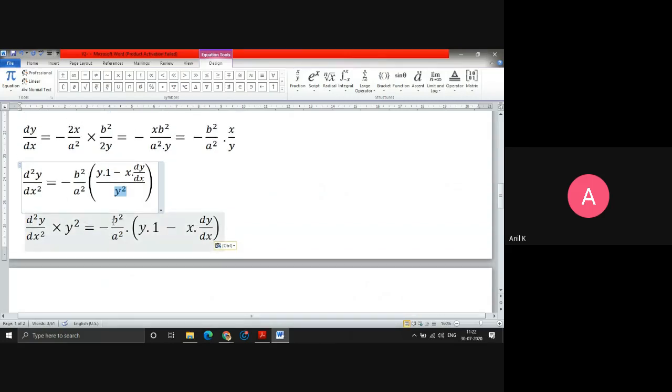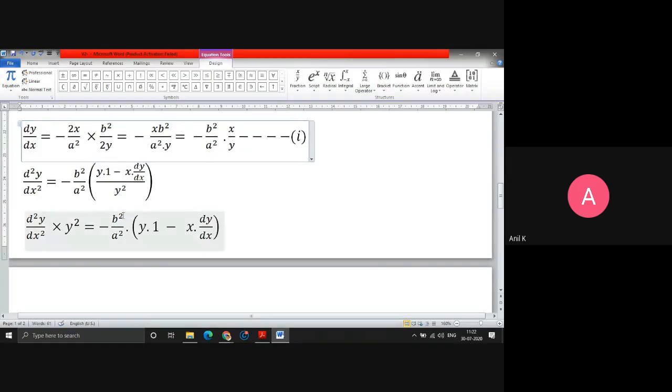Now one more change I do. In place of this b square upon a square, what can I replace? I'll call this equation number 1. Just see equation number 1 and tell me what I can replace with b square by a square. In equation 1, you have dy by dx equals minus b square upon a square into x upon y. So in place of this minus b square by a square, can I write dy by dx into y upon x?